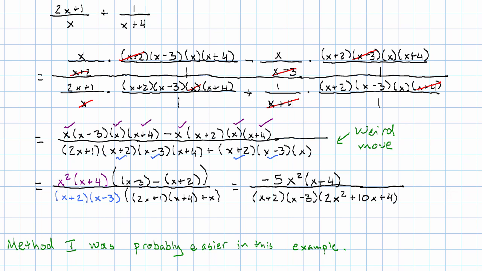So we can just pick whichever method we like better and not worry too much about one being slightly easier or slightly harder than the other. When we have the circumstances where one method is clearly easier, we should pick that one. If neither method is clearly easier, we can pick whichever one we want. And as long as we work carefully and correctly, we'll always get the same answer.